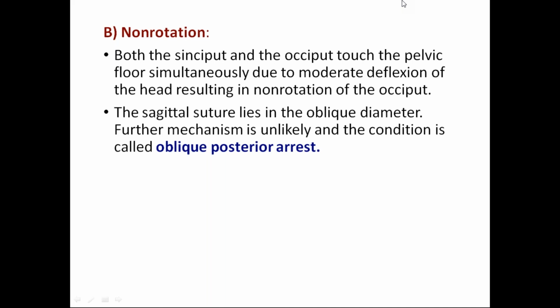Because of the deflexion, the pelvic floor will contact both sinciput and occiput, so there will be no further rotation. It will stay right here. So it is oblique posterior arrest. In this position, the direction is the oblique diameter, it is a posterior occiput, and there is no further progress. Oblique posterior arrest.